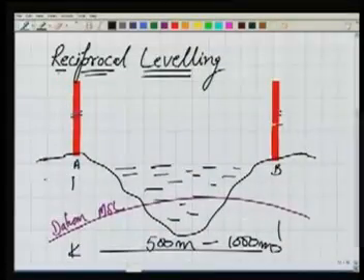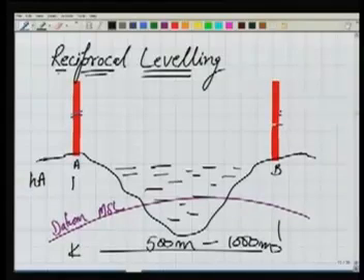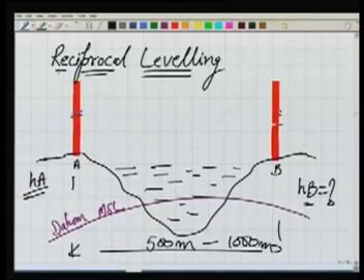Then in addition, there is a problem now, because we know somehow the RL of A. So HA is known to us, and we want to determine HB. Well, how to do that? If you are using the split level or the leveling instruments, how to perform this exercise? That we have to see now.